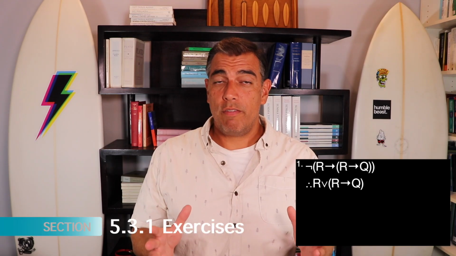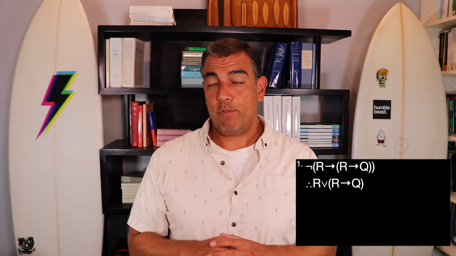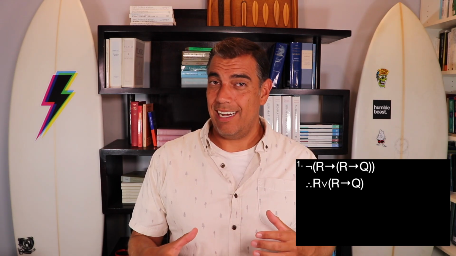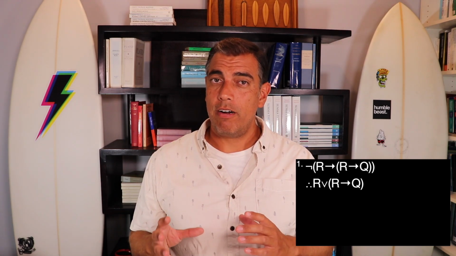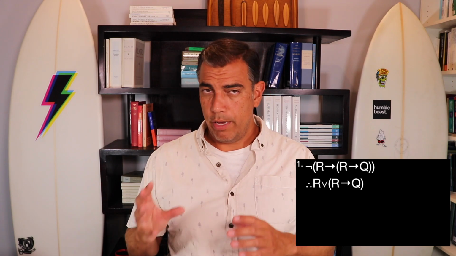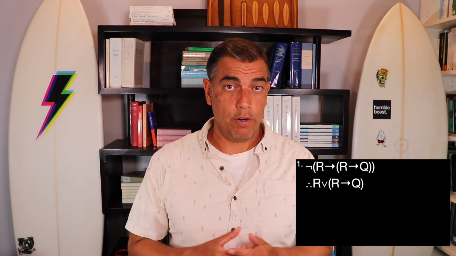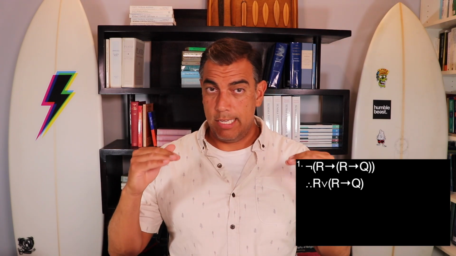With that said, let's move on to 5.3.1 exercises, where we're given some arguments. For each argument, we're asked to identify 4 argument forms that it's an instance of. Our first argument is: it's not the case that if R, then Q, therefore either R or if R, then Q. Now, probably the most obvious thing to do for each one of these is to take a basic proposition and identify it with a well-formed formula variable and just keep it isomorphic.